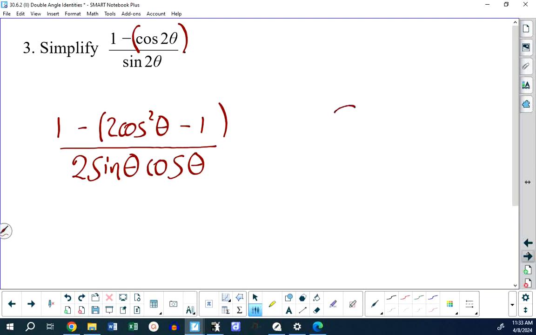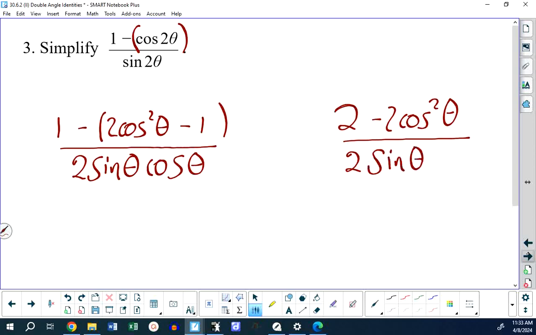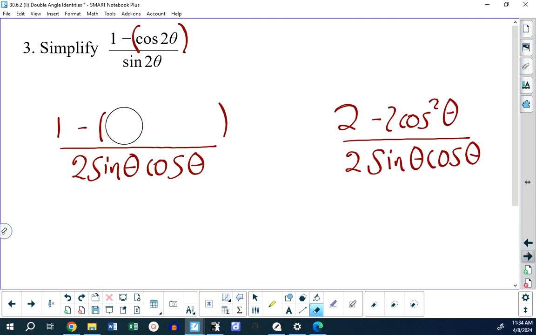If I do that and I get 2 minus 2 cos squared theta over 2 sine theta cos theta, you can get there, but it's going to be more work. And I'm going to leave this up here and show you what you would do in a second. On the other hand, this is an even worse decision because now I'm muddying the waters with sines and cosines on the top that are difficult to deal with. You could still fight your way out of this. The smartest move is this.